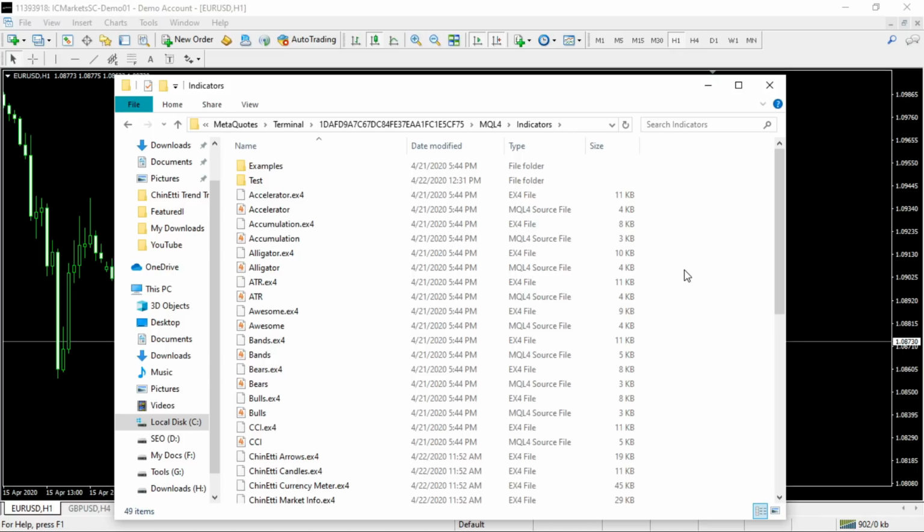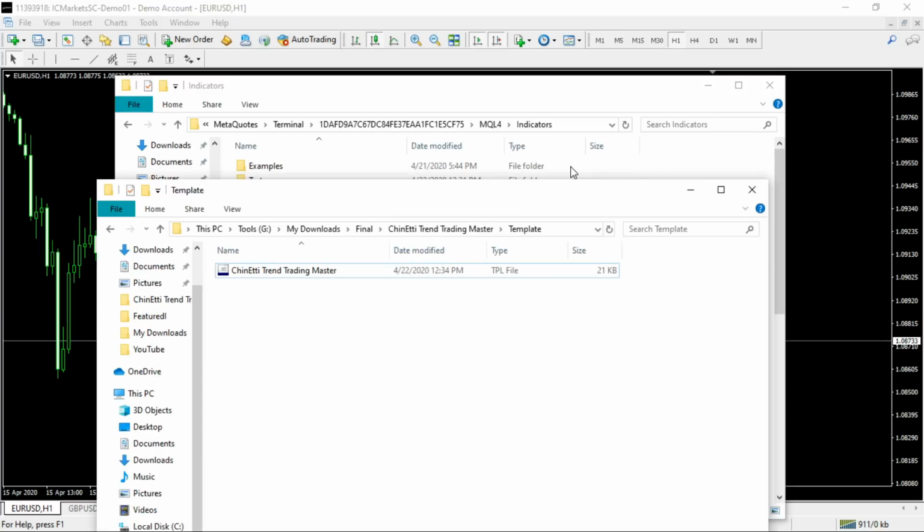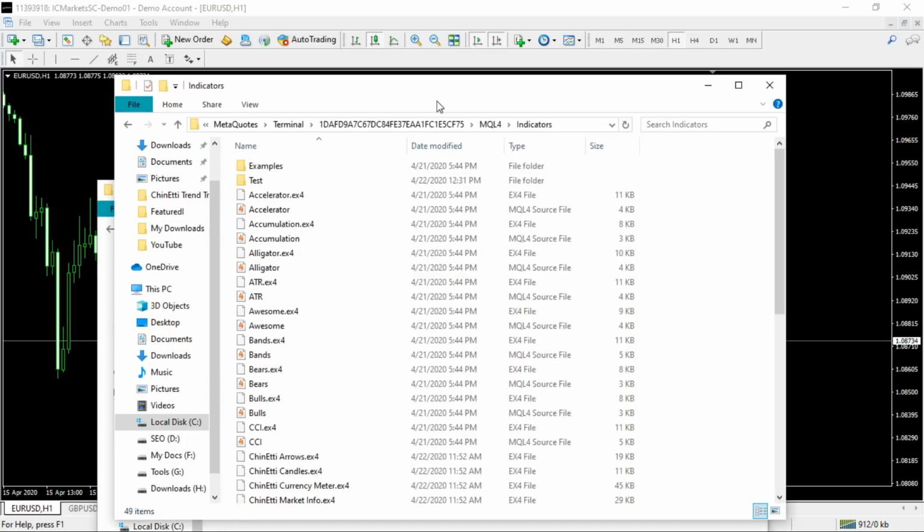Next, we need to copy the template. So you need to go to the template folder, copy the template, go back to the MT4 folder, go to the templates folder and paste it here.